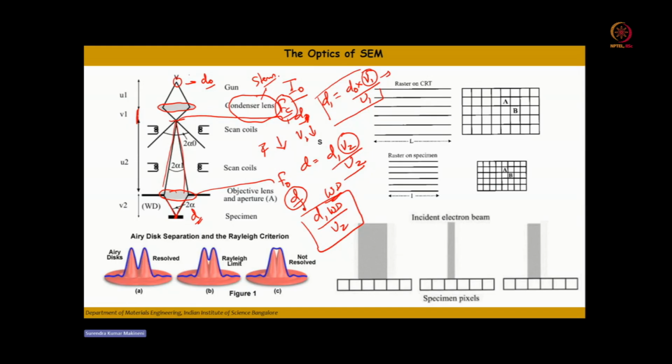If V1 reduces, your D1 reduces. And if you see this formula, as D1 reduces, your D also reduces. So for a smaller spot size, we use a higher condenser lens strength, but that changes the focal point of that condenser lens.